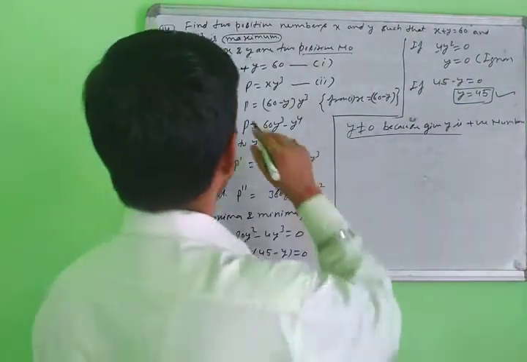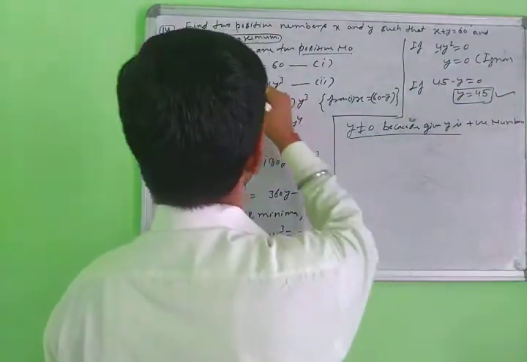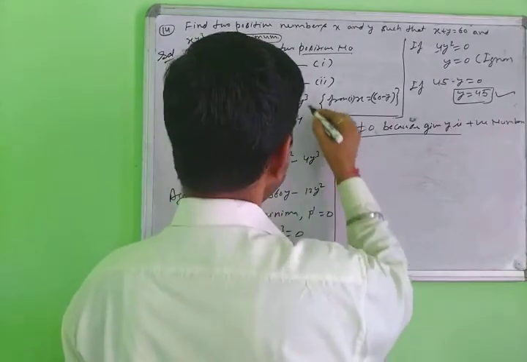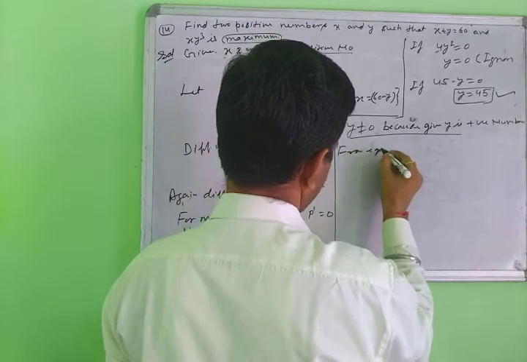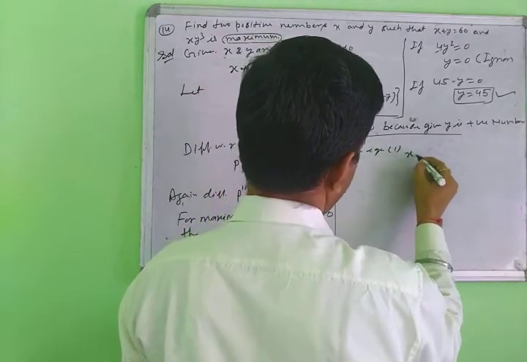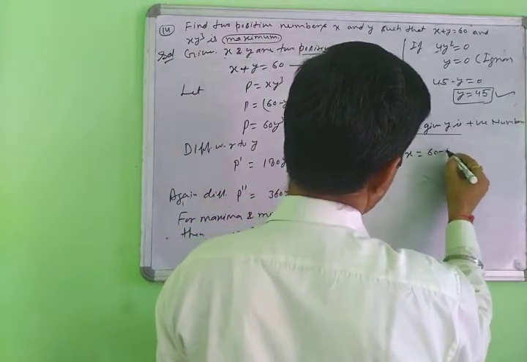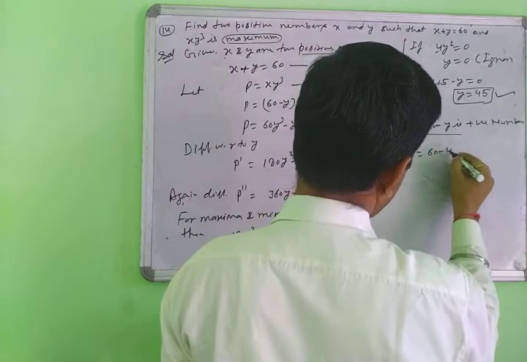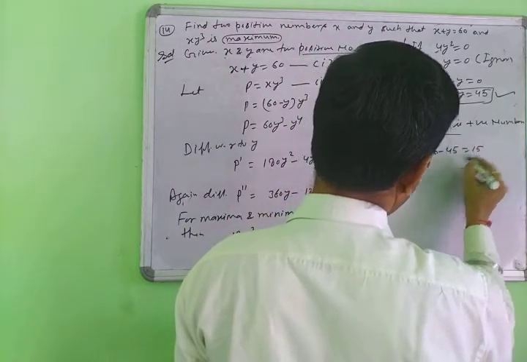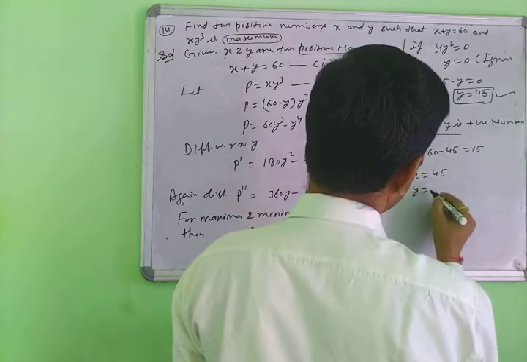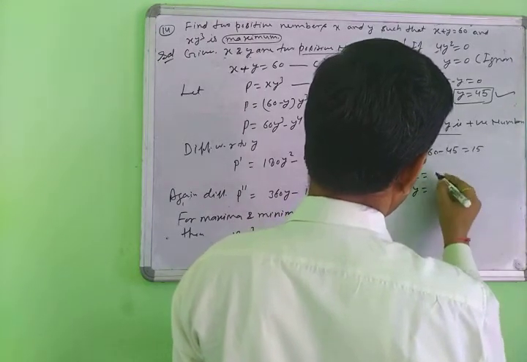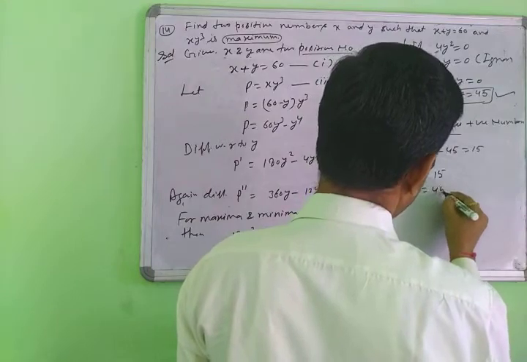Now putting the value here from the first equation, x equals 60 minus 45. What is left? 15. The value of x is 15 and the value of y is 45.